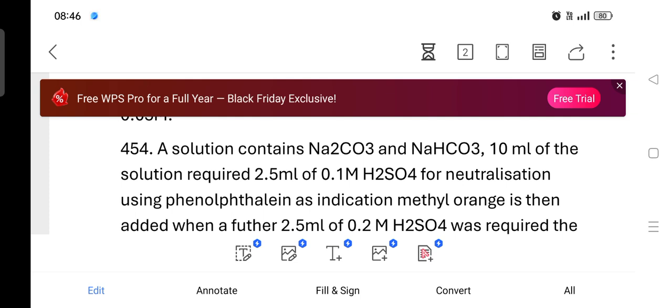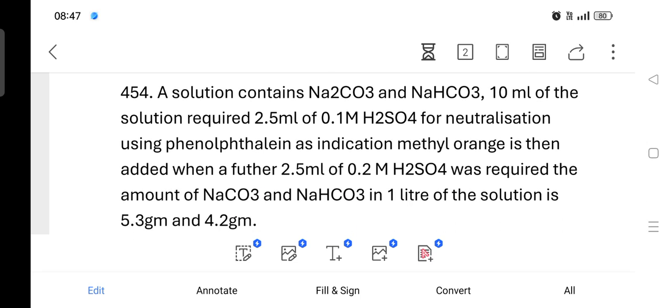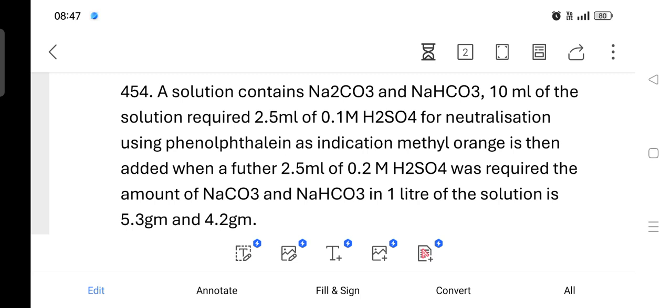A solution contains Na2CO3 and NaHCO3. 10 ml of the solution required 2.5 ml of 0.1 M H2SO4 for neutralization using phenolphthalein as indicator.